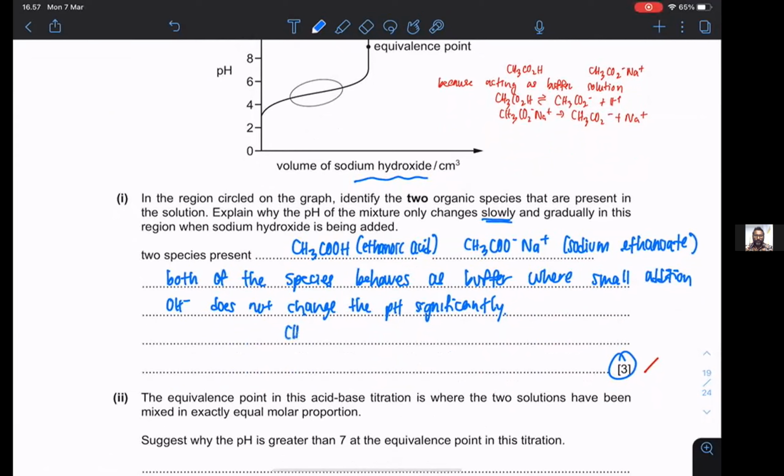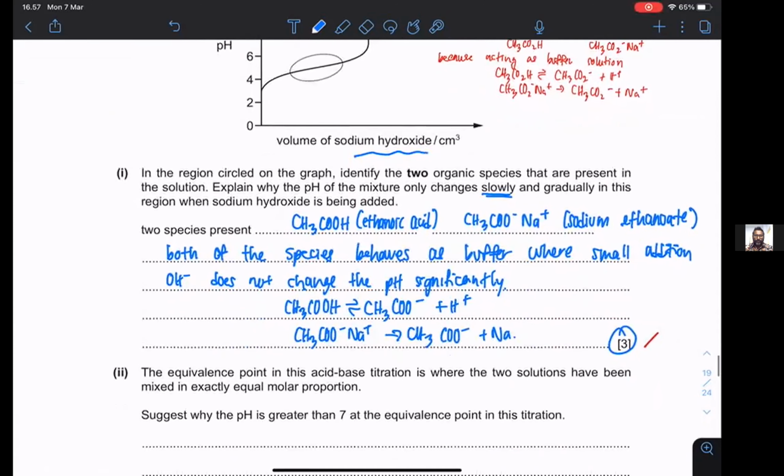We know that CH3COOH is going to give you CH3COO minus plus H plus, and then you are going to get completely CH3COO minus and Na plus. So this is going to be the equation.